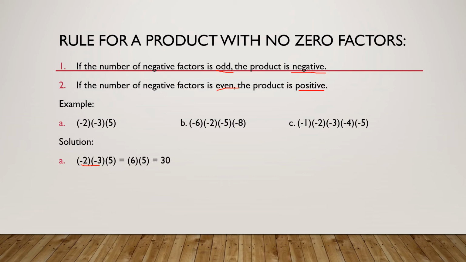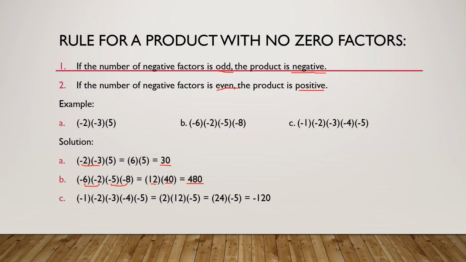Times the positive 5, the product is positive 30. Letter B. So we have negative 6 times negative 2 is positive 12. And then negative 5 times negative 8 is positive 40. And 12 times 40 equals 480.